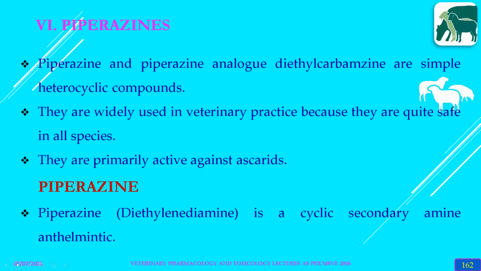Then, coming to the piperazine category, the main class of anthelmintics, there is piperazine and piperazine analogs like diethylcarbamazine citrate, which is effectively used in case of heartworms. Piperazine was once upon a time the drug of choice in case of ascarid worms.